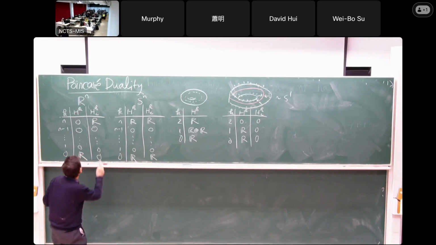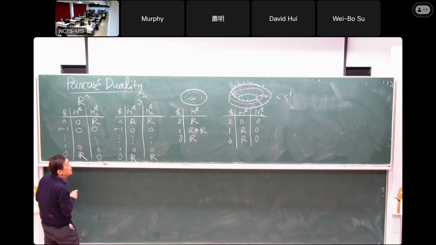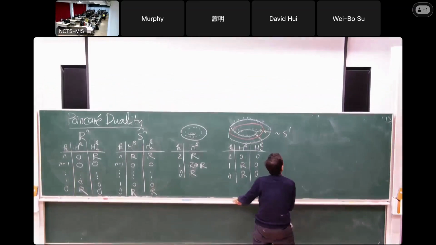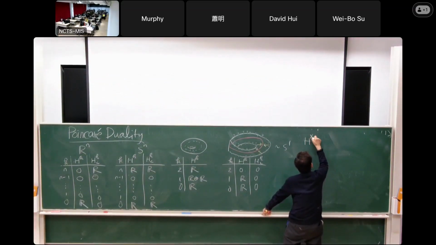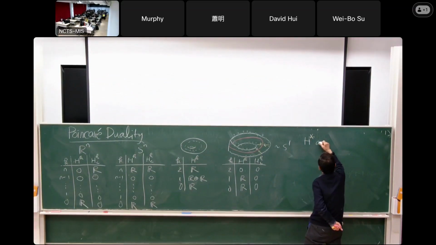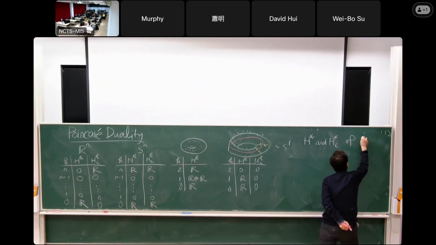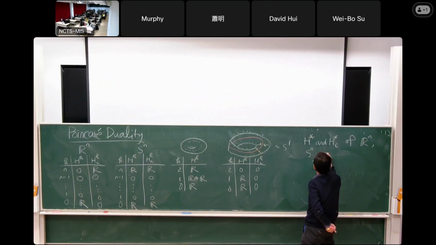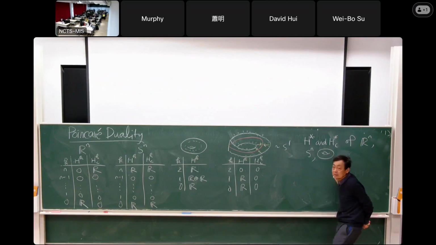So what you see is that the cohomology and the cohomology with compact support of R^n, S^n, and the torus have upside down symmetry.